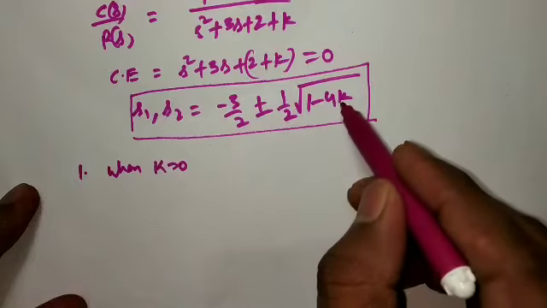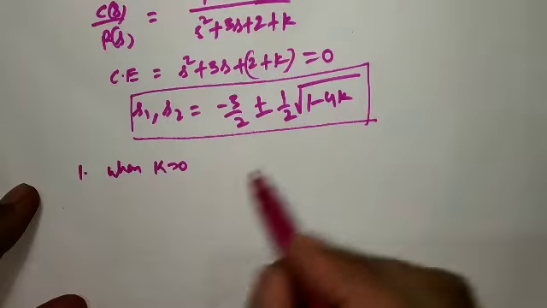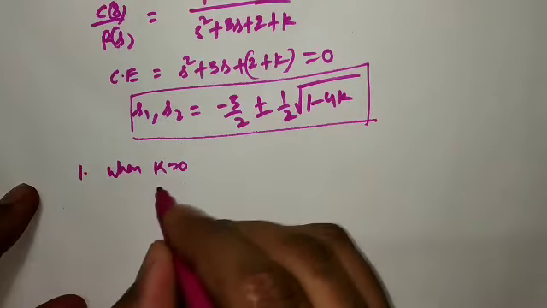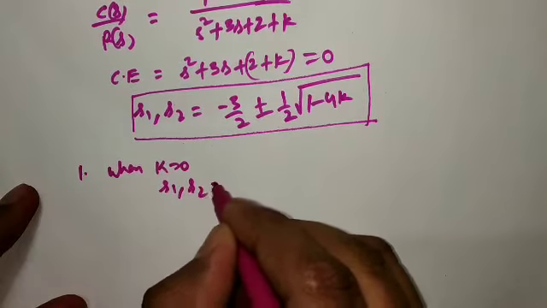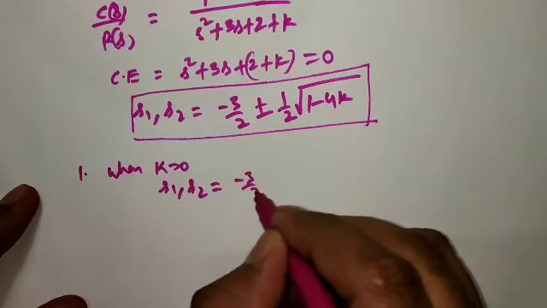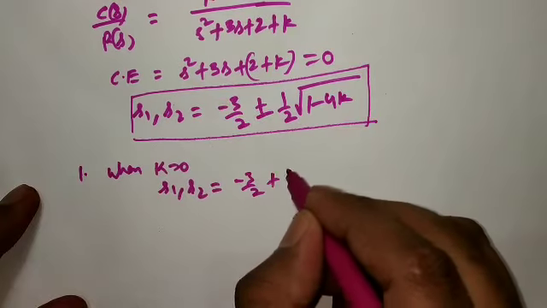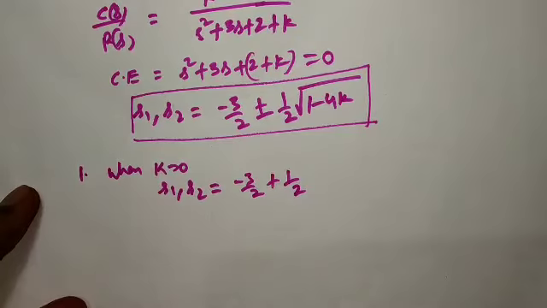When you put K equal to 0, your s1, s2 is equal to minus 3 by 2 plus or minus 1 by 2.